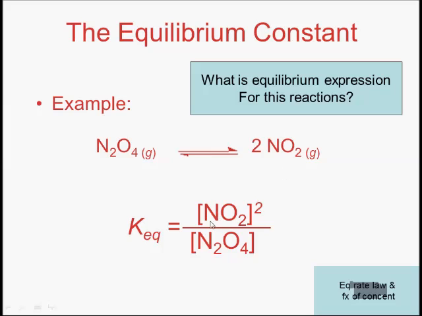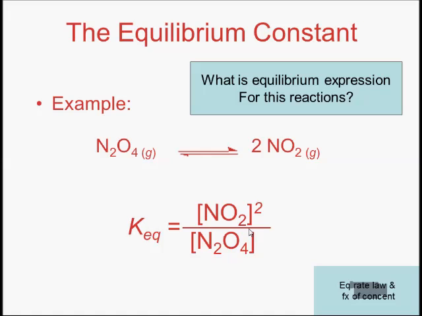So we have our concentration of NO2 here, and since my coefficient in front of it is a 2, then I make that squared. Okay, and it's my products over the reactants. Well, my reactants are N2O4, and again, I put the square brackets around to represent concentration, and there's no coefficient written in front of that one, so it's just to the first power, which of course I don't need to write.